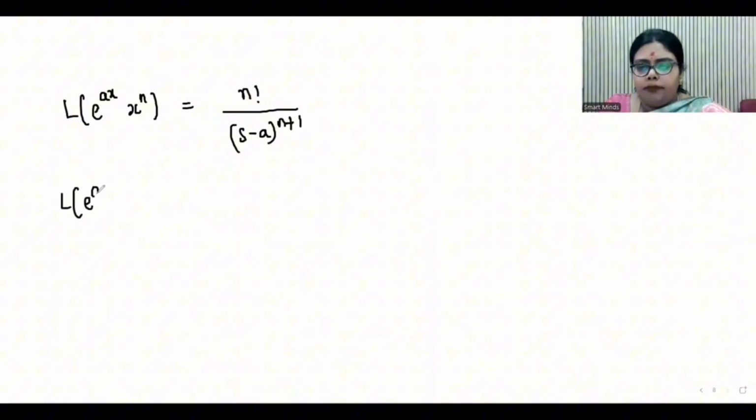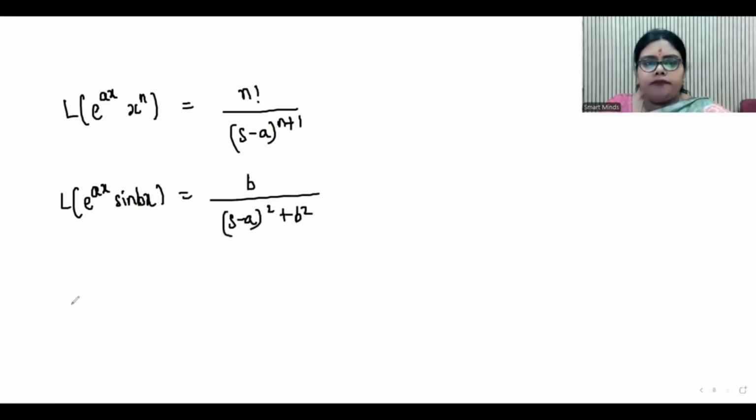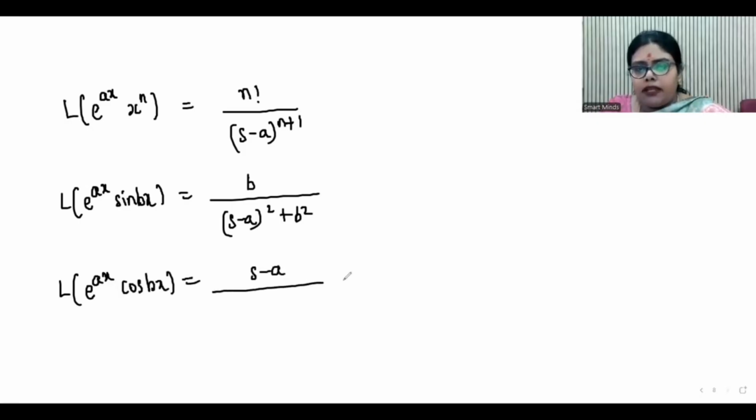L of e power ax sin bx is equal to b by (s minus a) whole square plus b square. L of e power ax cos bx is equal to (s minus a) by (s minus a) whole square plus b square.